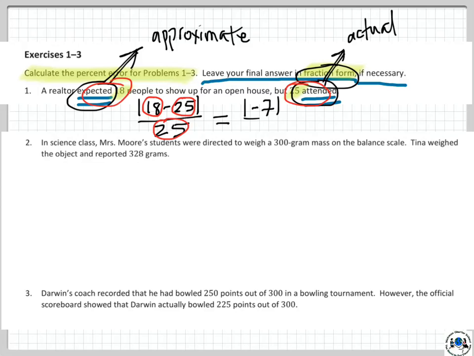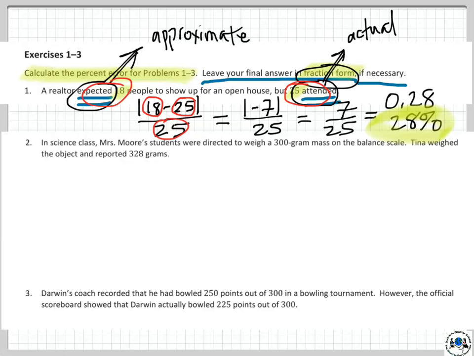If we do that, we get a fraction of 7 over 25. If we divide 7 by 25, we get 0.28, or 28 hundredths, and that is 28%. So the percent error for this realtor was 28%, and that's pretty far off.